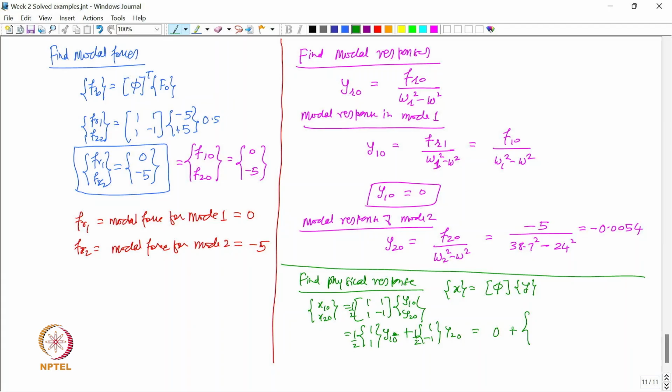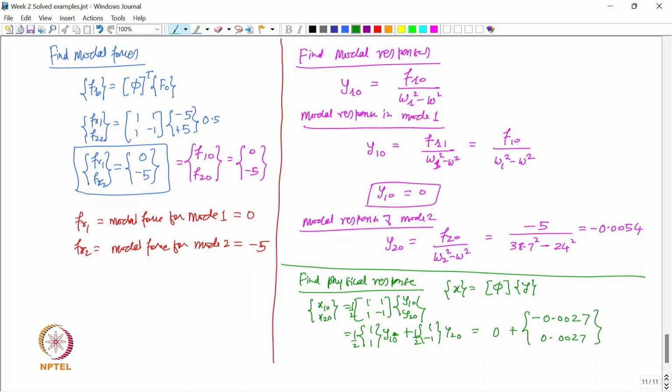The 1, 1, 1, minus 1 were the unscaled ones, and when we mass normalize them, each vector got divided by 2. So therefore the result would be minus 0.0027 and 0.0027. So these are the physical values of the responses.